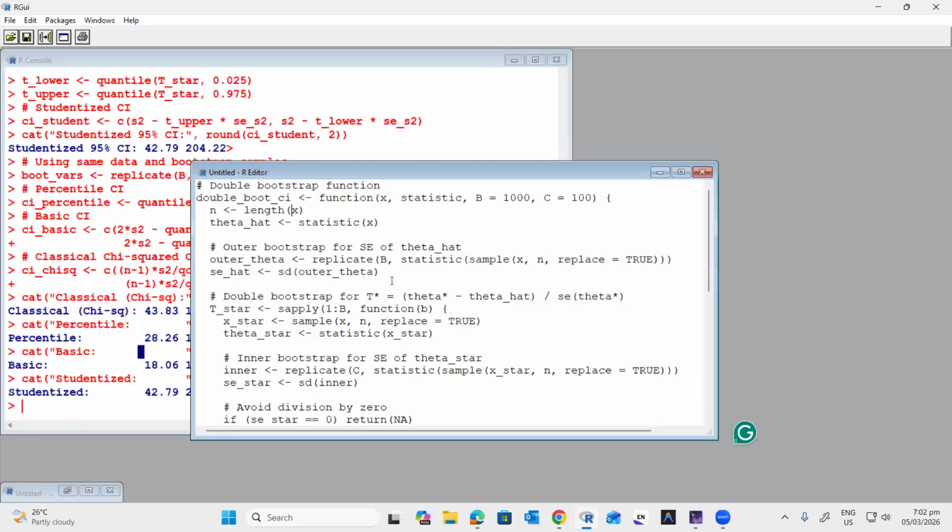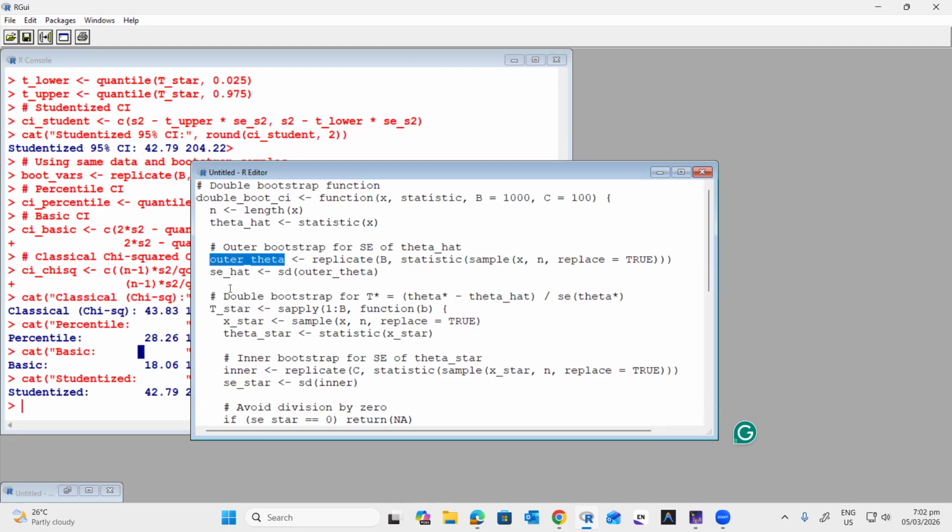And as I told you, after that, in replicate B, we repeat the expression inside capital B times, and return the results as a vector of our outer theta.